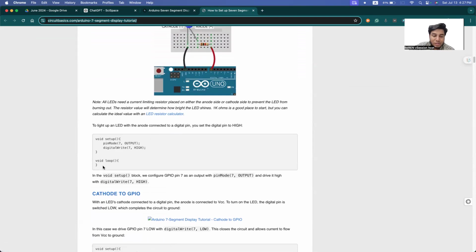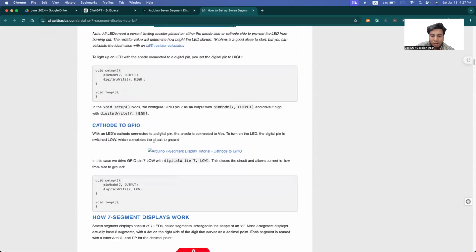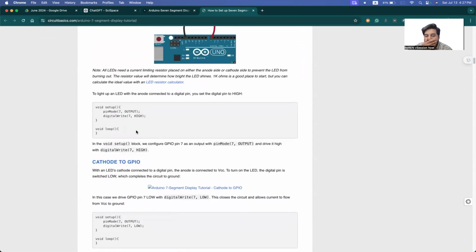So this is the basic code, and I think you are very familiar with it.